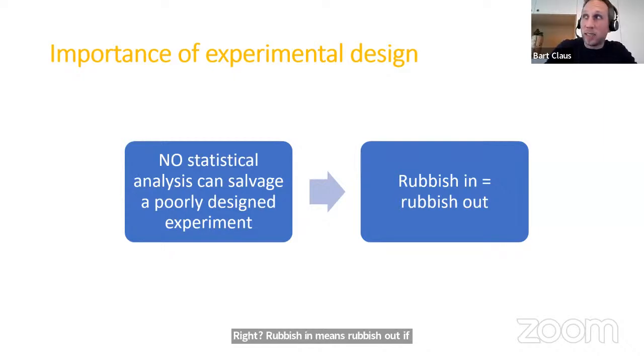If your design did not control for certain circumstances, and therefore these circumstances differ between the groups that you create, then we will never know for sure whether any difference that you find was due to the manipulation or due to those differences between the groups. And there's no way of finding out afterwards. So a good experimental design is a condition for finding solid statistical conclusions.